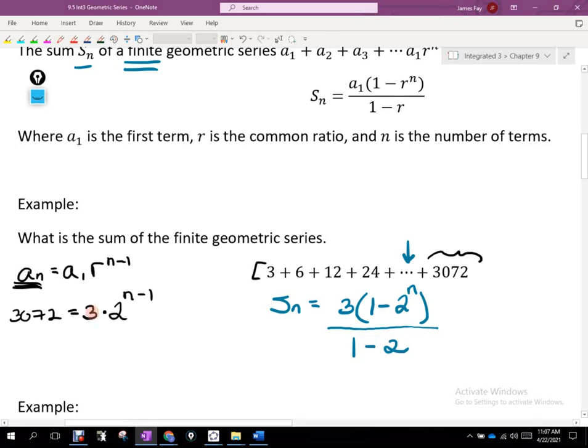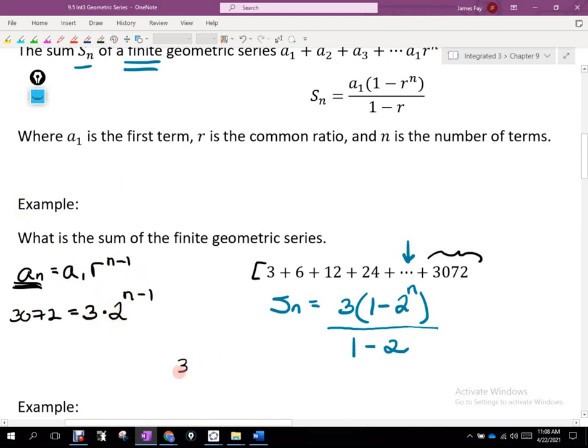What do I do first? Can I multiply those together? Because remember, this is an exponent. I want to divide by 3 on both sides first. I know I can't multiply those together because of the exponent.